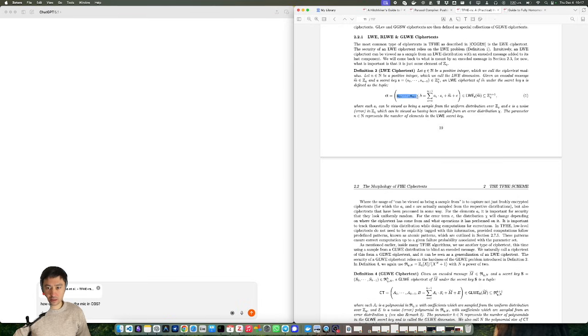And there's this mask. Whenever you encrypt something, I think you have to sample this mask so that you do an inner product between your key and this mask, and then you add that to your message, and then you add an error. They say it's a uniform distribution, but the error is from an error distribution, and that seems very different.